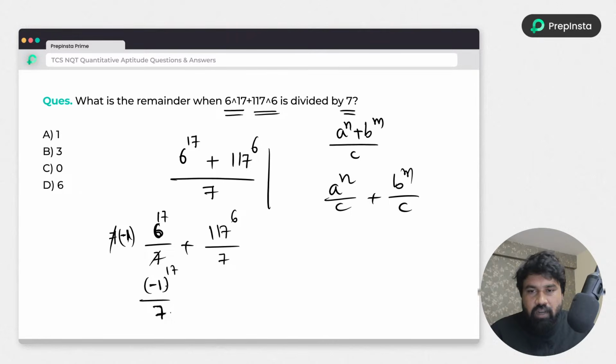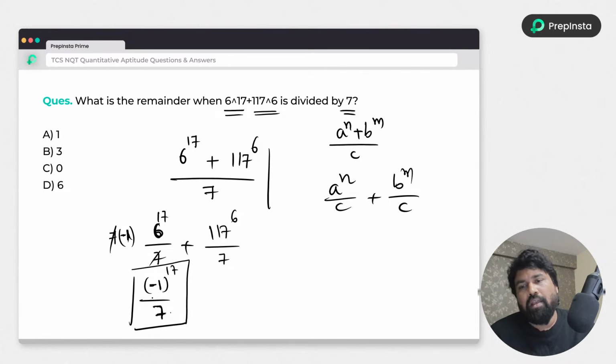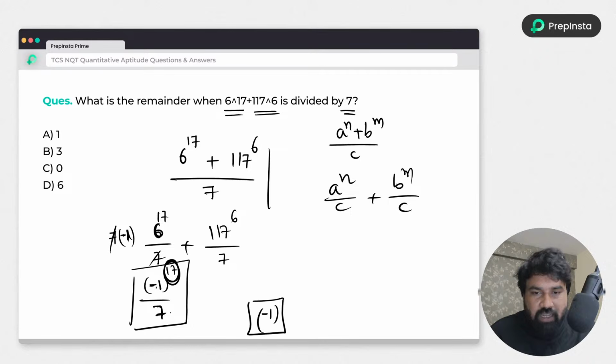This is called negative remainder. If you don't know, I can't help, because you need to watch our theory videos. Okay. Minus 1 whole power odd number, so definitely minus 1. So minus 1 will be the answer on the left hand side.